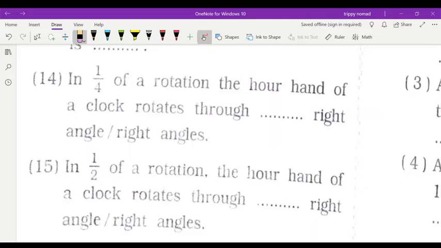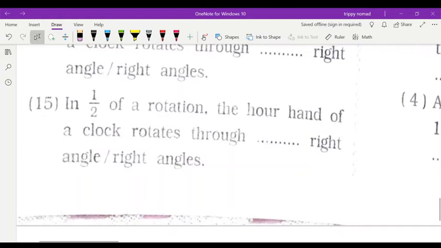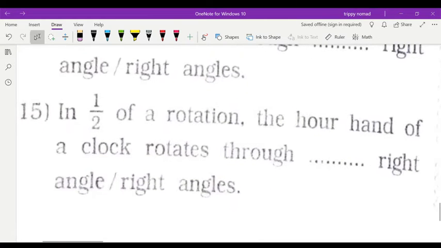Now we are going to start question number 15, children. In half of a rotation, the hour hand of a clock rotates through dash right angles. In the same way, for 1/4 we move only one right angle. 1/4 plus 1/4 gives half rotation.